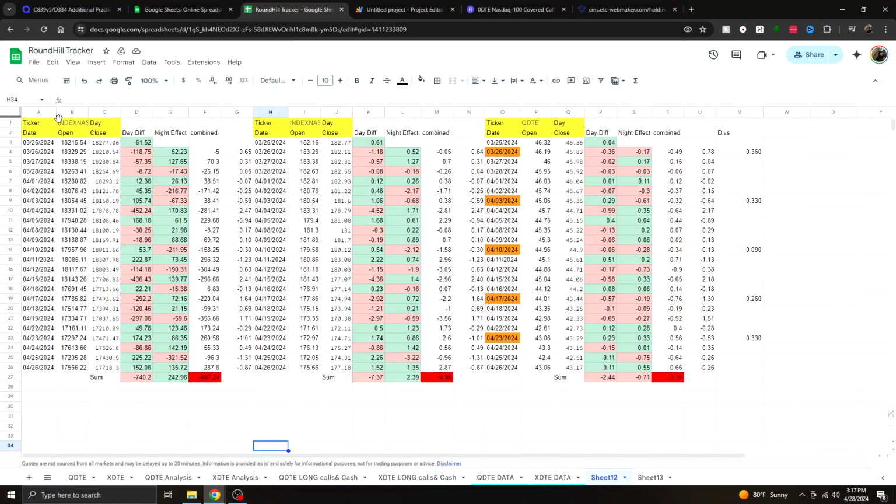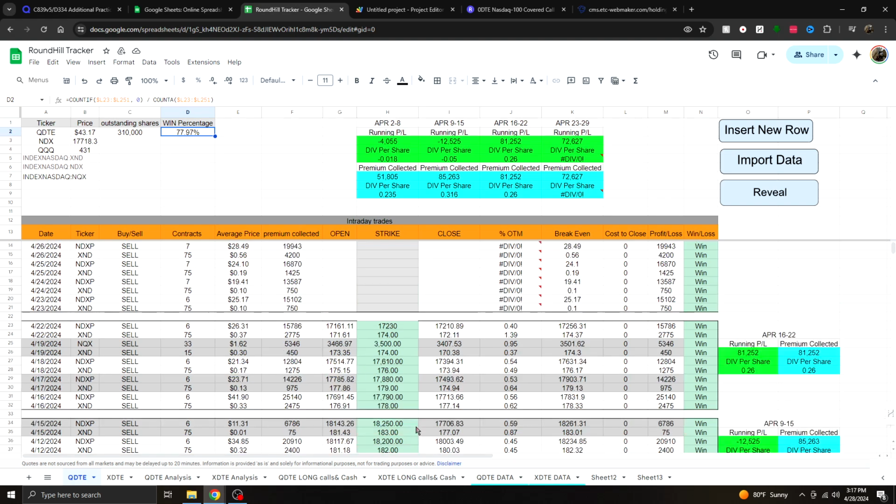Nasdaq, at least from March 25th to now, is down $497, but this doesn't move with the index as it should, or as I would expect it to. So it's a little weird. If you guys could help me out with that, if you understand it. If not, it's alright, I'm going to try to figure it out if I can.